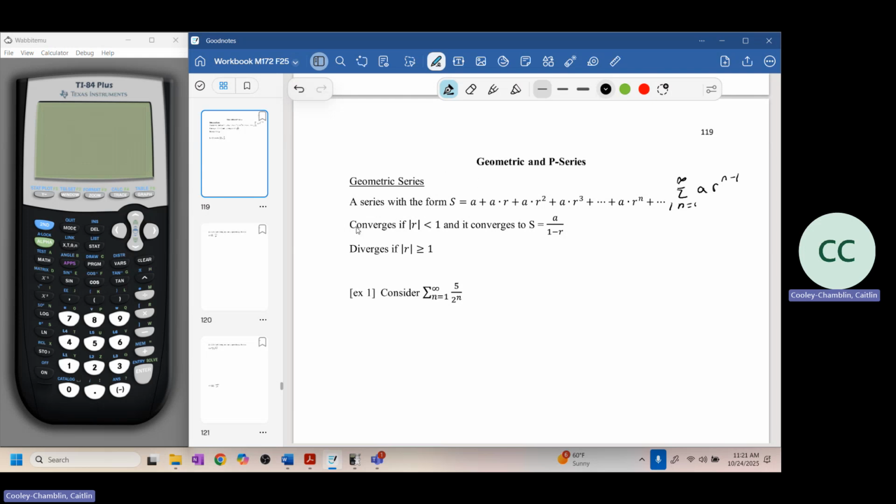The geometric series is a series of the form S equals A plus A times R plus AR squared plus AR cubed plus AR to the fourth plus AR to the fifth, and it just keeps on going and going. I wrote this over here for our notes.